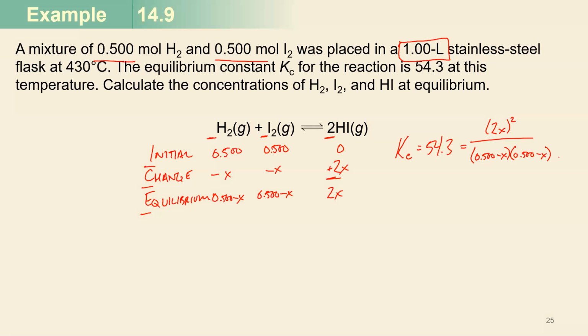Well, now this is actually pretty easy because we have a squared term on top. And if we look at this, this is just 0.5 minus x squared. Okay.